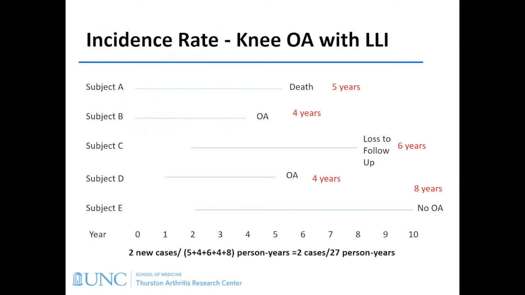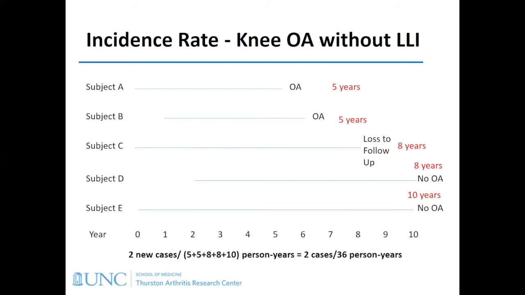So I'll give this example here. As you might remember before, when we went through this table, or this figure, we had 2 cases out of 27 person years. And so for this example, I'm saying that this group now were the individuals who developed knee osteoarthritis in the leg length inequality group.